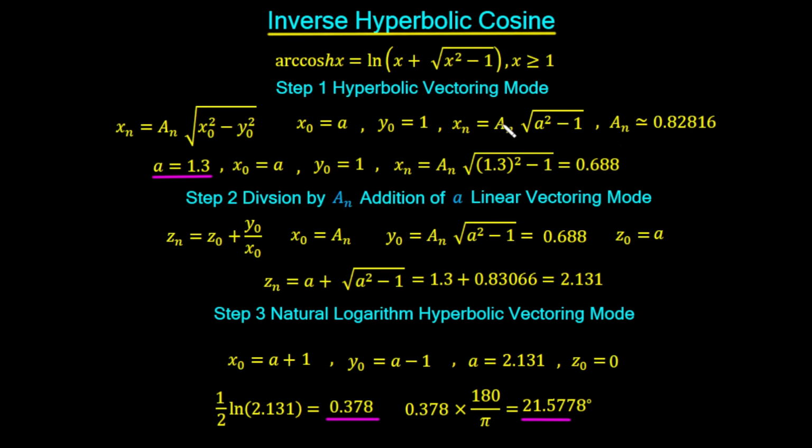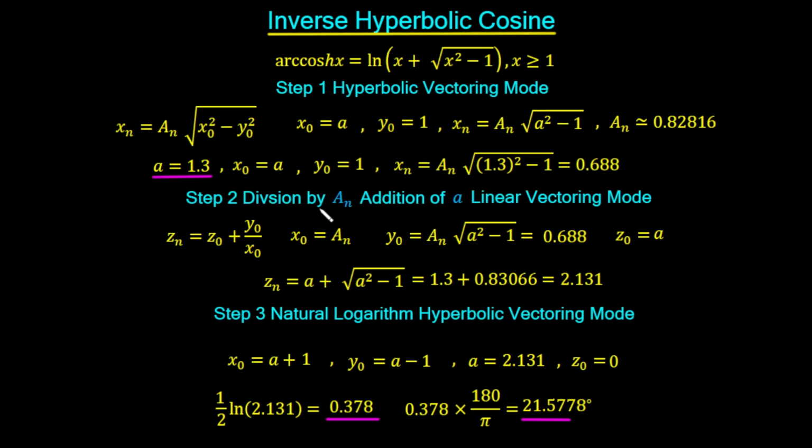Now what we want to do is get rid of this value of An, and also add another factor of our x. For the x we'll just replace it by the value of a. So we want to get another factor here added on. In order to do that we can go through to step 2. Step 2 is going to use the division algorithm that we've seen in a previous video.